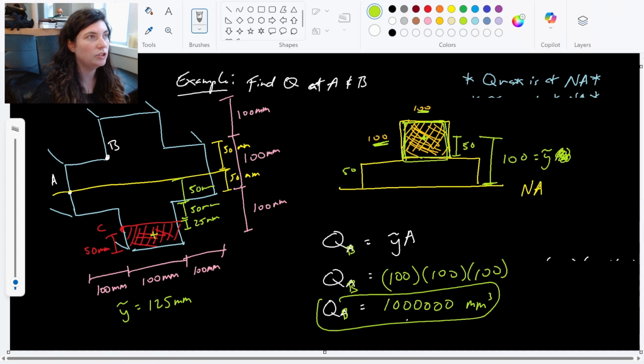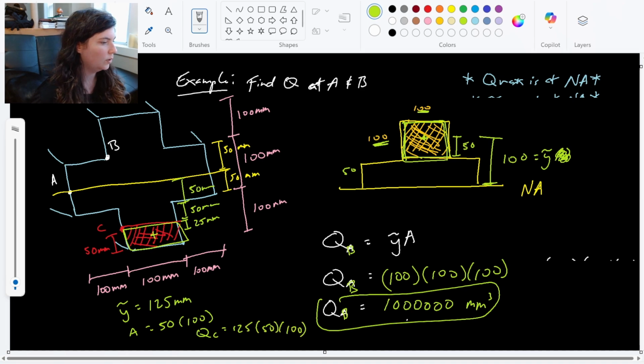And then my area would just be this area in red down here. So area would be 50 times 100 millimeters. And then I just multiply these two together to get my Q. So my Q for C, hypothetically, would be 125 times 50 times 100, which gives Q_C is 625,000 millimeters cubed.